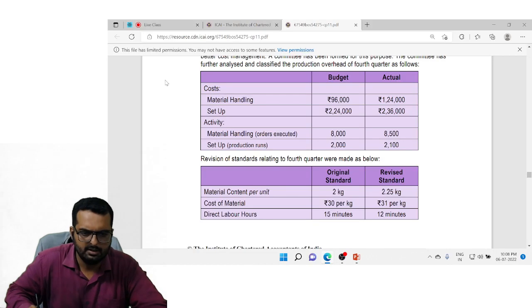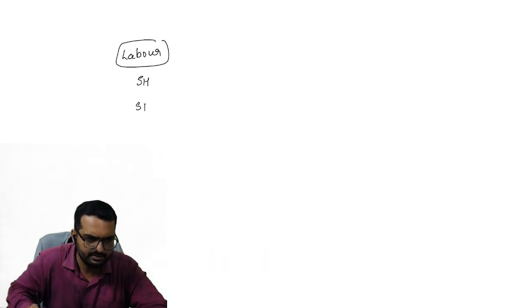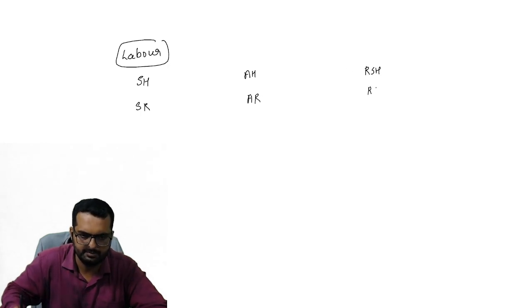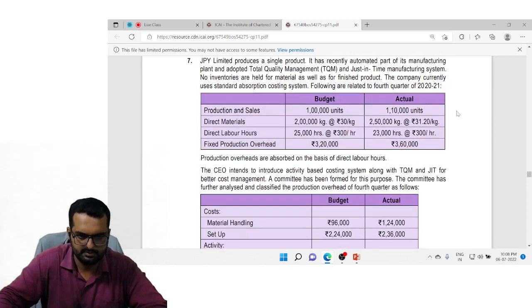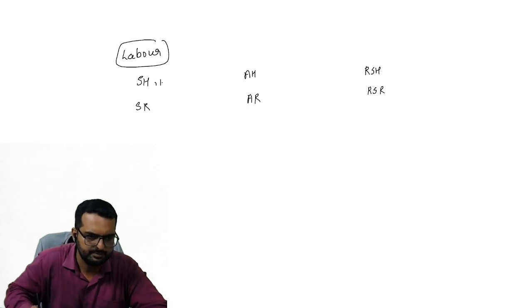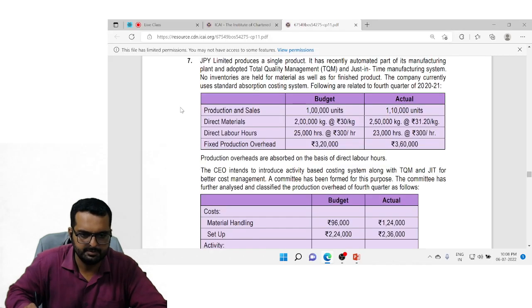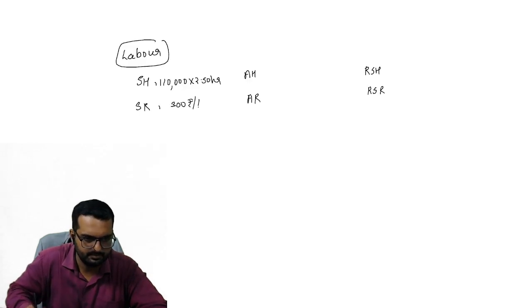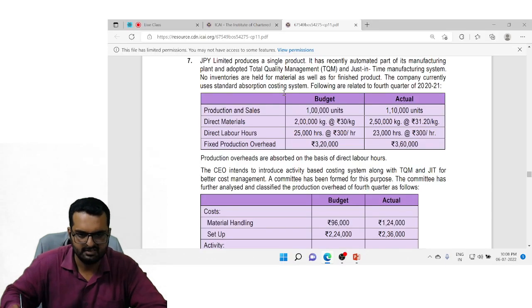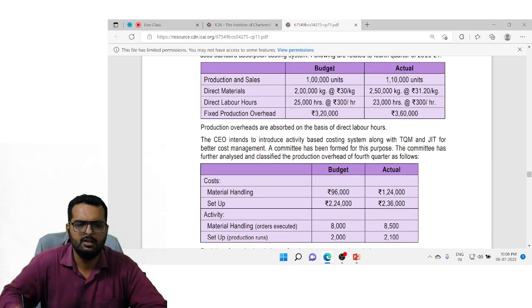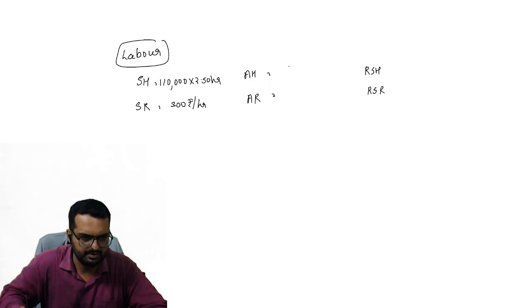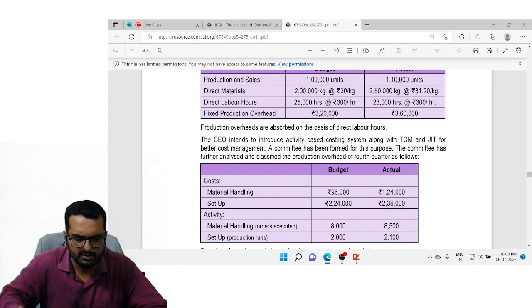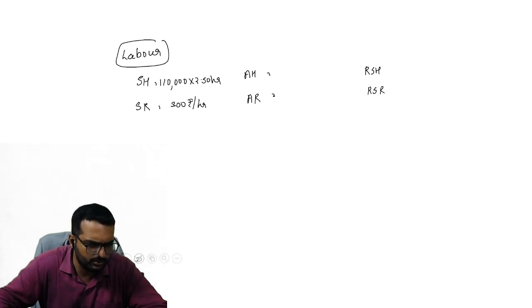Am I right? So in labor again, I'll have SH, SR, 1,10,000 into 2.5. Actual hours, it's already given 23,000. Wait. It's not 2.5. It will be into 0.25. Sorry.